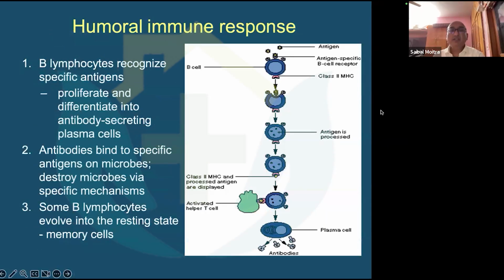So we had just talked about how this response is initiated. Now, for the humoral immune response to be initiated, first, a protein is a big structure. It has many peptides in a three dimensional conformation.